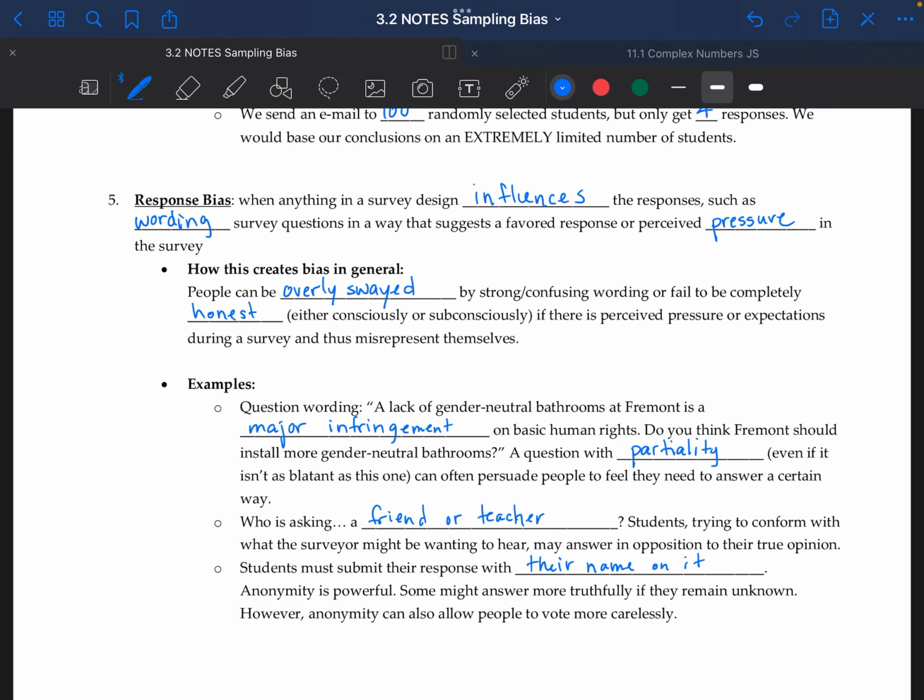If your name's attached to it, then you might feel you need to respond in a different way, because students might feel pressured by, again, maybe a friend asking you who will know how you feel about it, or a teacher or a parent, admin, something like that. Having your name attached might make you feel like you can't respond honestly.